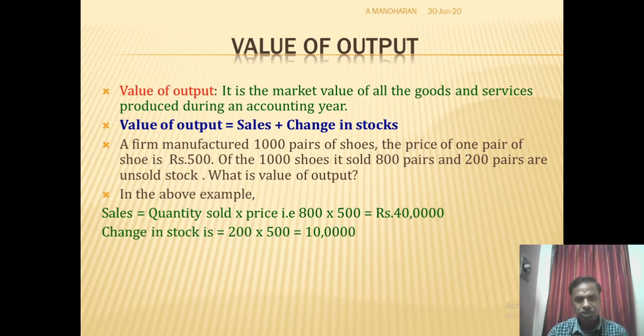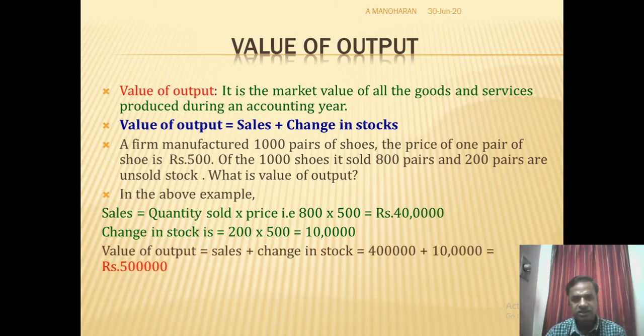And the change in stock, 200, price per unit is 500, is 1 lakh. So the value of output will be sales plus change in stock, that is 4 lakhs plus 1 lakh, that is 5 lakhs. The total value of output is 5 lakhs.